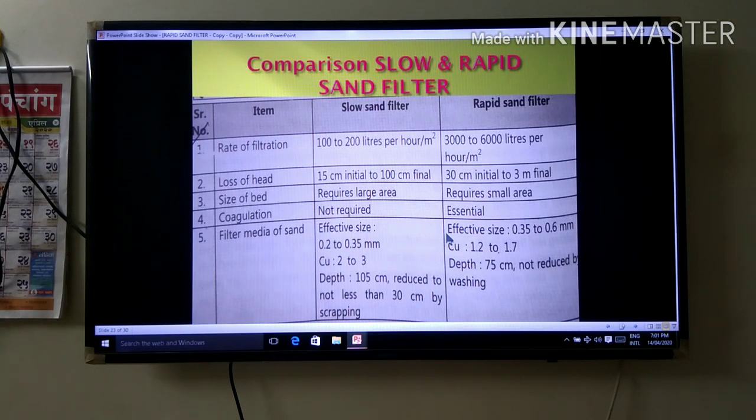In slow sand filter, CU is 2 to 3 and depth is 105 cm. In rapid sand filter, CU is 1.2 to 1.7 and depth is 75 cm, which is not reduced by washing.